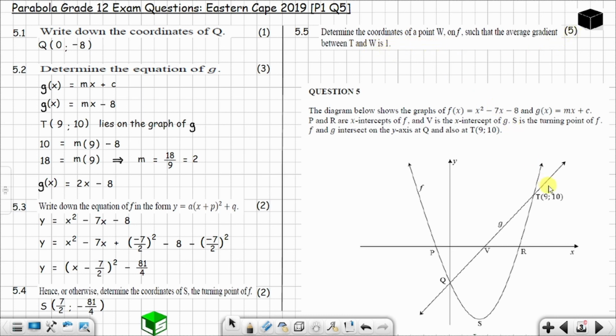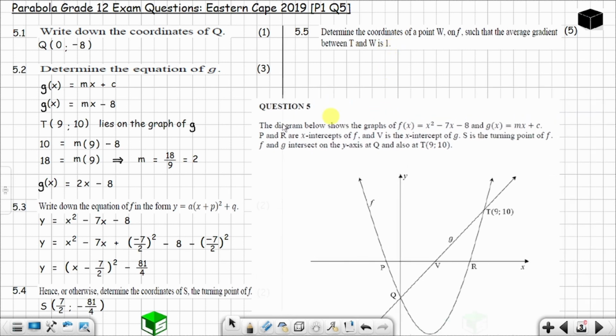So you can see the point T is given there on the graph of F. The coordinates are given, but you don't know where the point W is. The point W is somewhere on the graph of F, but you don't know where it is. Now you have to find the coordinates of the point W such that the average gradient between point T and point W is equal to 1.